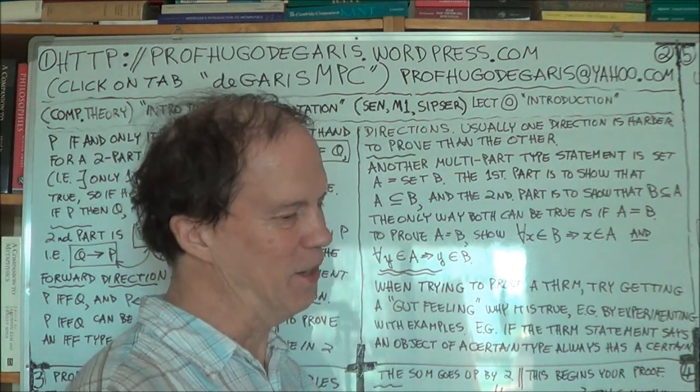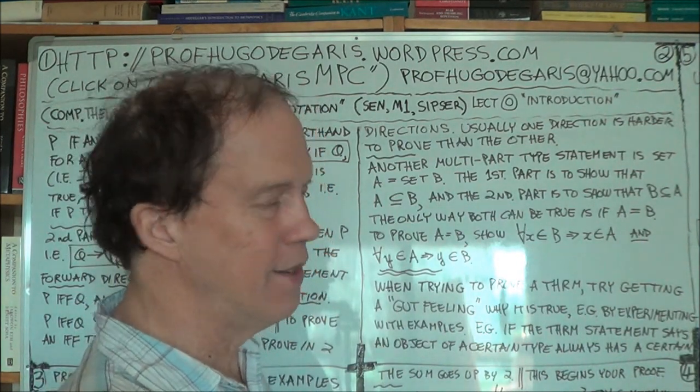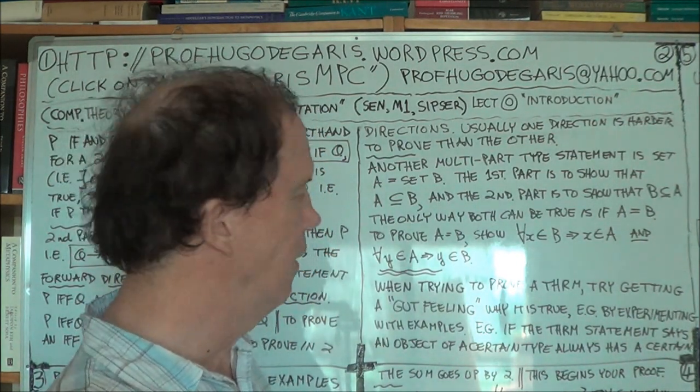Huge, right? So anyway, there are proofs and proofs. Some are easy, some are hard, and some are impossibly hard.